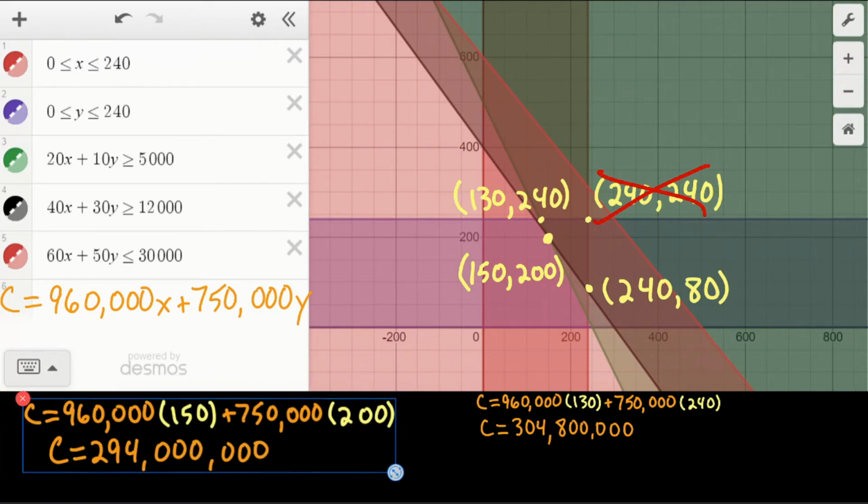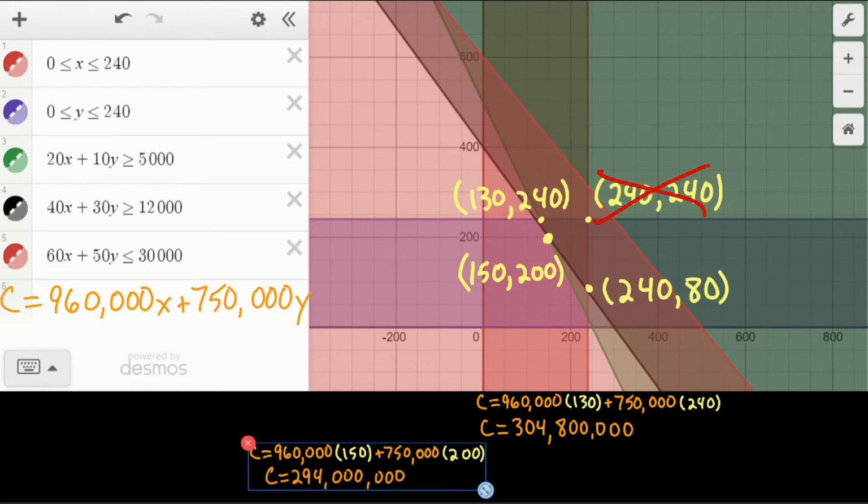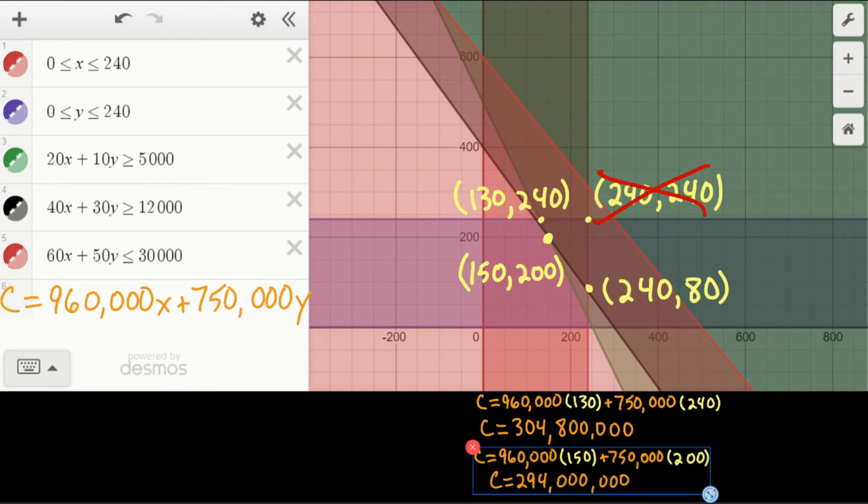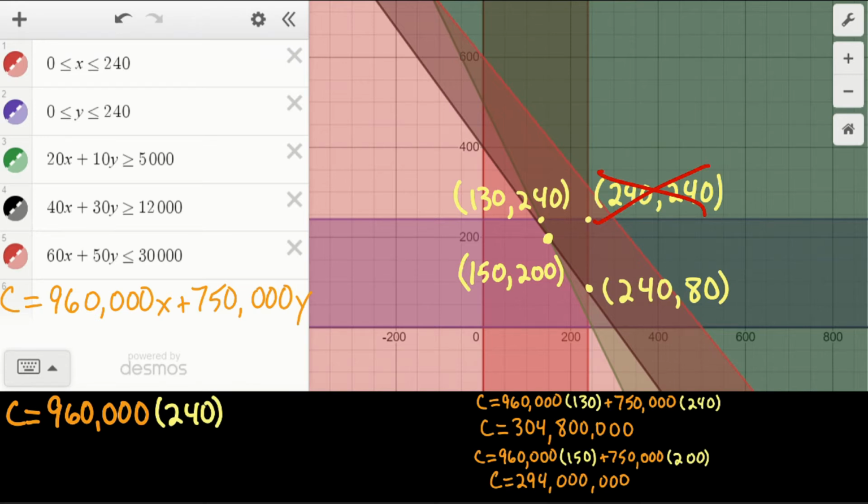And lastly, we'll have the cost is equal to 960,000 times, and this is the 240, 80 problem, 240, plus 750,000 times 80. And that's going to come out to be 290,400,000.